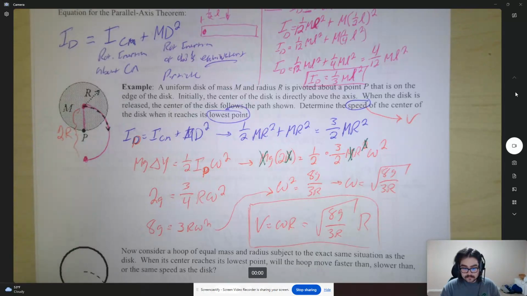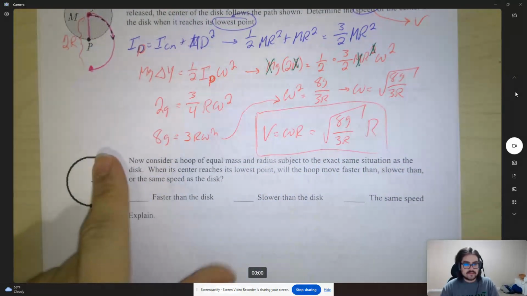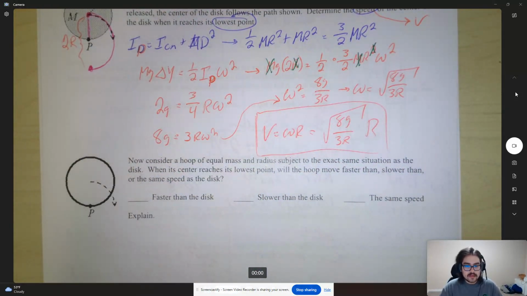And then the final part right here is now that you have a hoop. Instead of pivoting a disk, it's now a hoop. When the center reaches its lowest point, will it move faster, slower, or the same speed? Well, the hoop has more inertia than the disk. It has a greater moment of inertia.